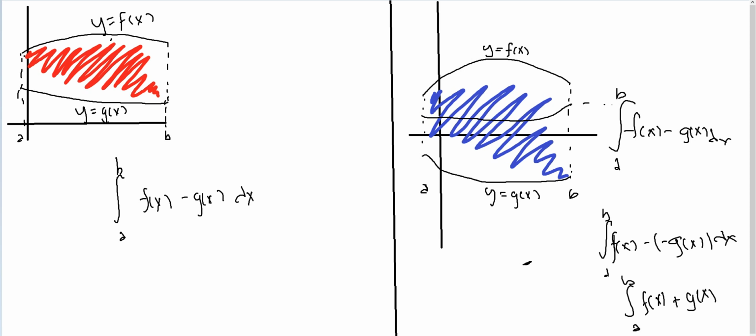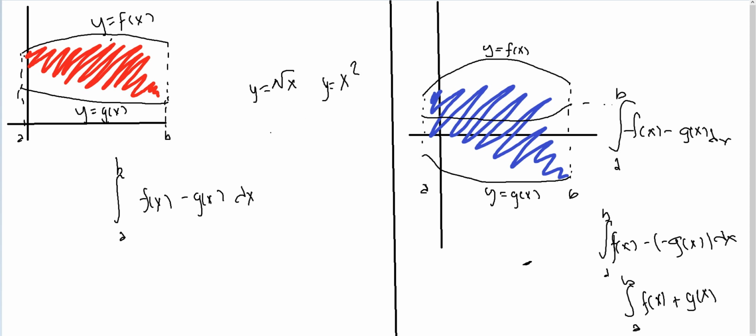So let's say we wanted to find the area between the curves rad x, square root of x, and we'll just say x squared. So what we want to do here is find where these two functions are equal.